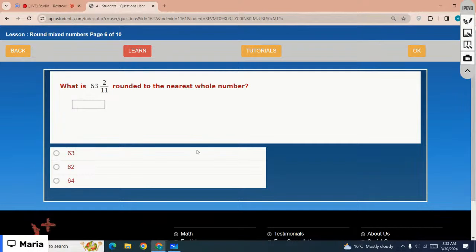The correct option is you have to round on the same decimal. The correct option is 63, right? Because 2 by 11 is less than half. So you have to round on 63. Okay, you can complete the lesson by yourself later today. Let me just move on to the next lesson.